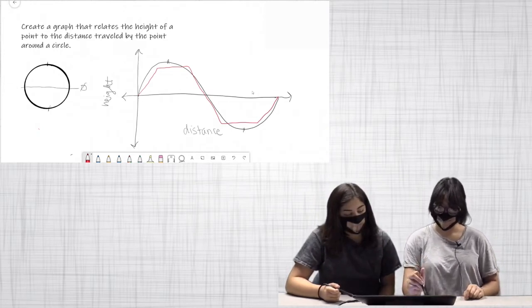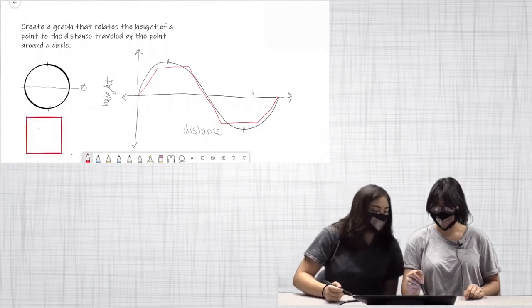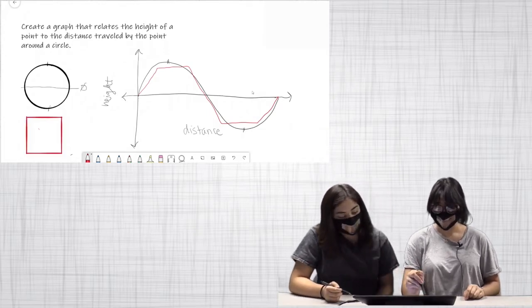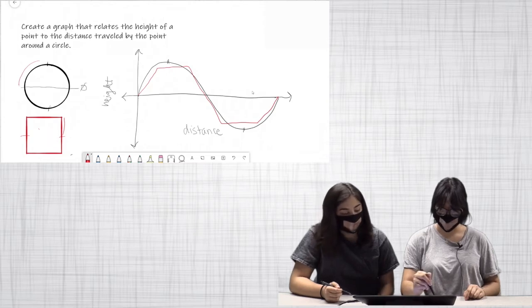As Zoe said, for this one right here, you're increasing distance and height, and for this, you're increasing distance and height, and then this one, you're decreasing height but increasing distance. That happens right here.